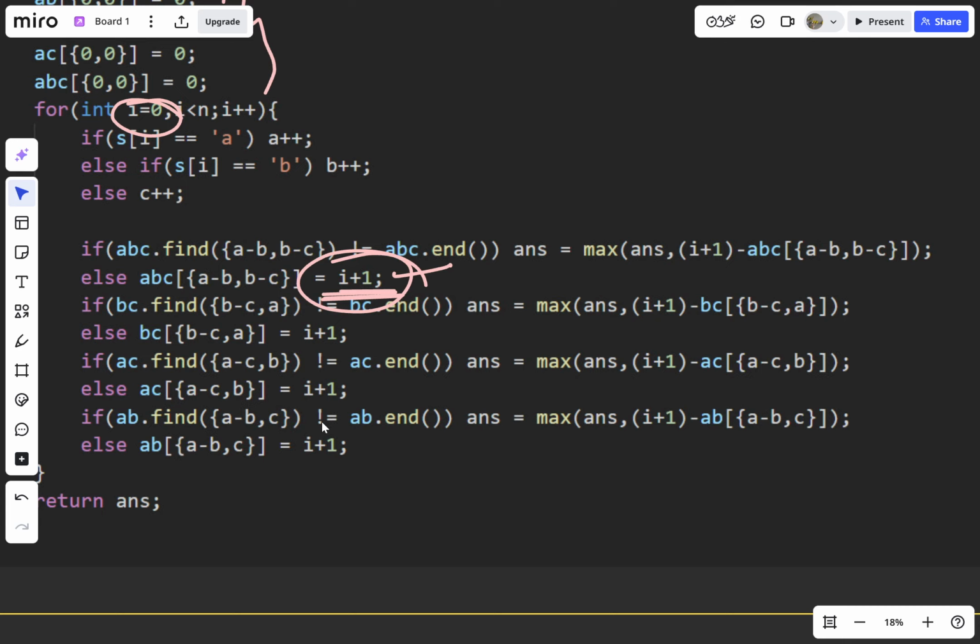Then we do the same for BC, where the difference will be B minus C, and A's count we will take.